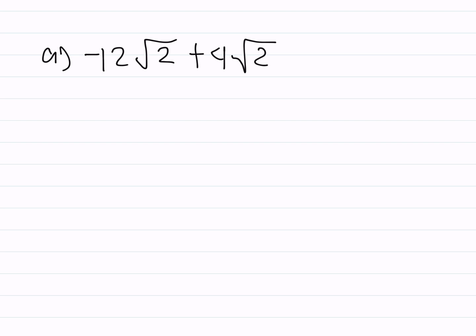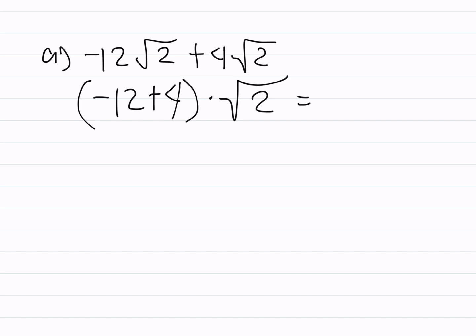So we just simply add the coefficients: negative 12 plus 4, times square root of 2. Subtract the 12 and 4, then copy the sign of the larger number, which is negative. So negative 12 plus 4 is negative 8 times the square root of 2, so it becomes negative 8 square root of 2.